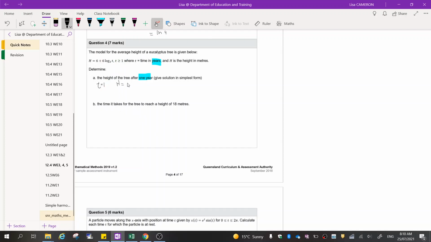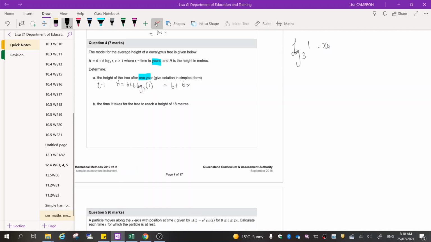So H equals 6 plus 6 log with base 3, and we're putting in 1. So that is going to become 6 plus 6 times... Now we're going to work out what log with base 3 of 1 is equal to.